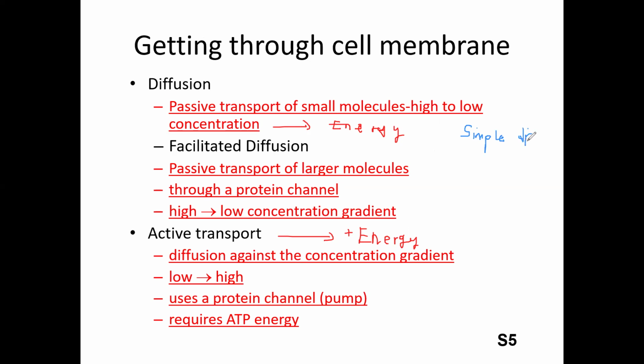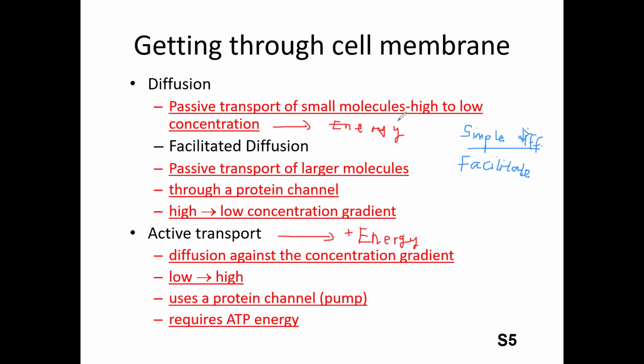and then we have facilitated diffusion. What is the difference between facilitated diffusion and simple diffusion? Simple diffusion is easy.